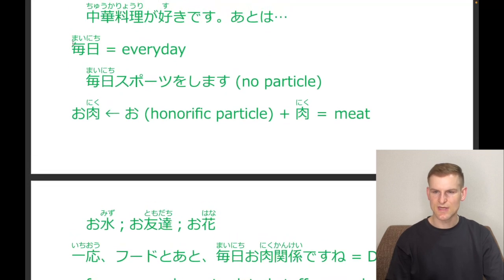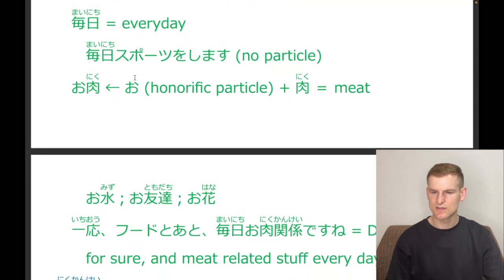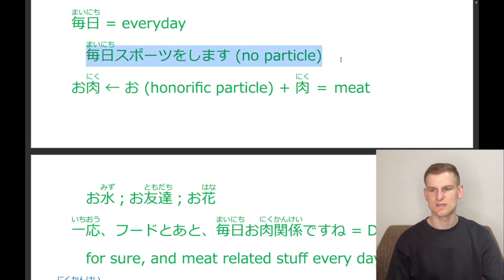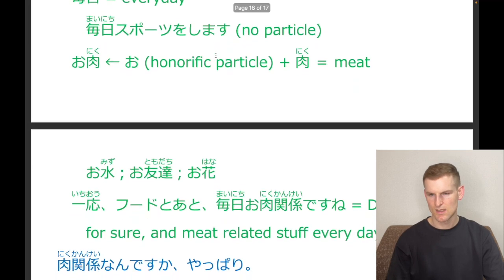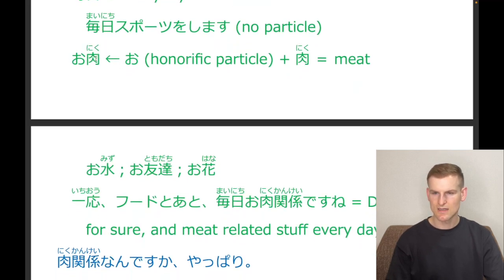毎日, every day. You can just use this directly before what you want to say you do every day. So 毎日スポーツをします. There's no particle, there's no に, there's no で, anything like that. Just 毎日スポーツをします, I play sports every day. お肉, 肉 is meat. お is the honorific prefix, and you just add that to meat.